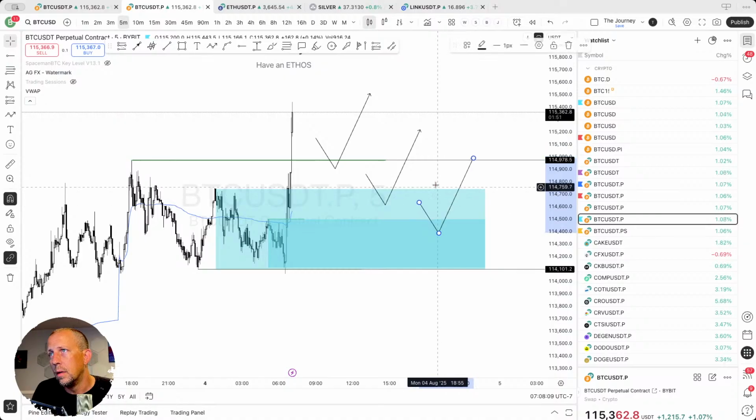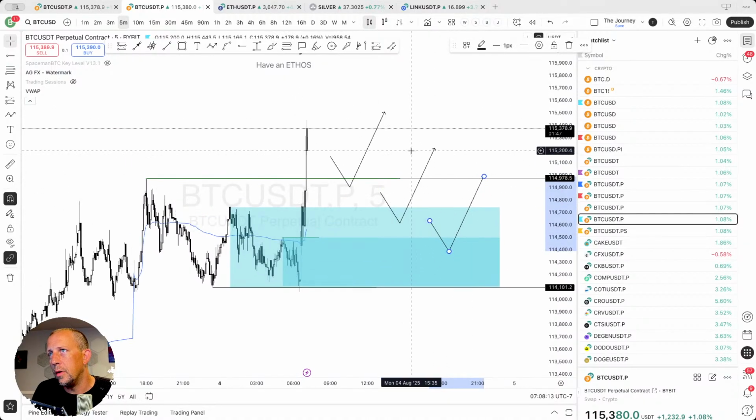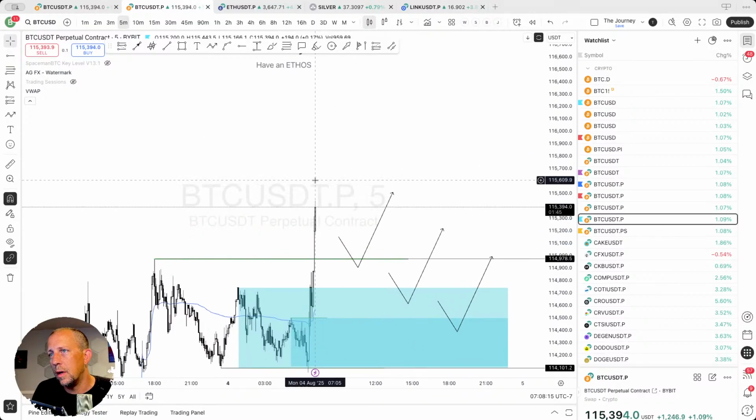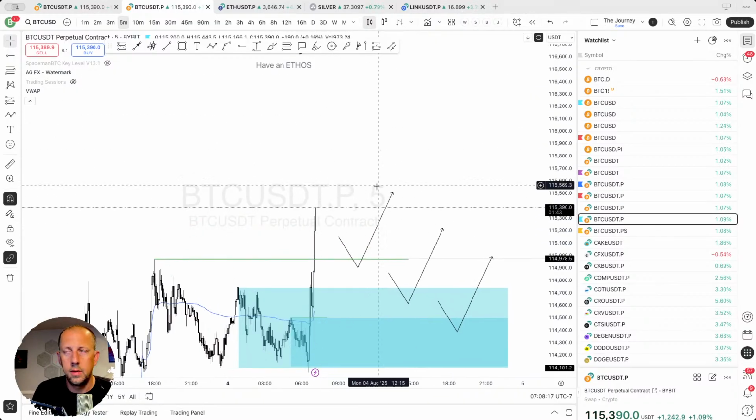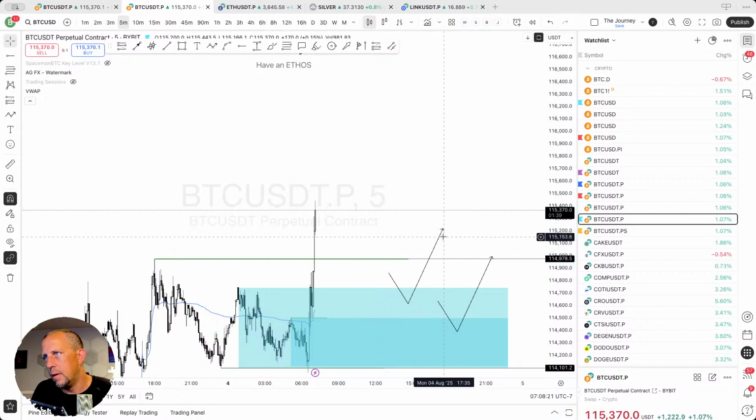Yeah, I think that would be interesting. The lower one would be preferred at this point, but I suppose it depends on how far we ka-chow out of here.